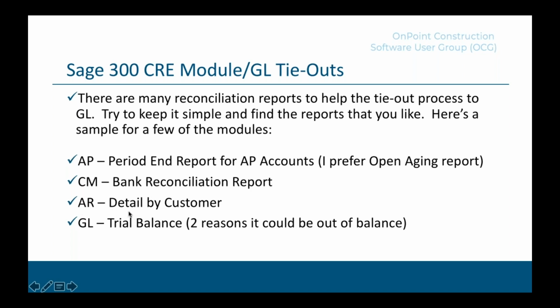The AR report, there's a detail aging by customer. It's just an aging report that you want to make sure that you tie out to the 1 or 2 accounts that you have for accounts receivable. And then general ledger, you want the trial balance.